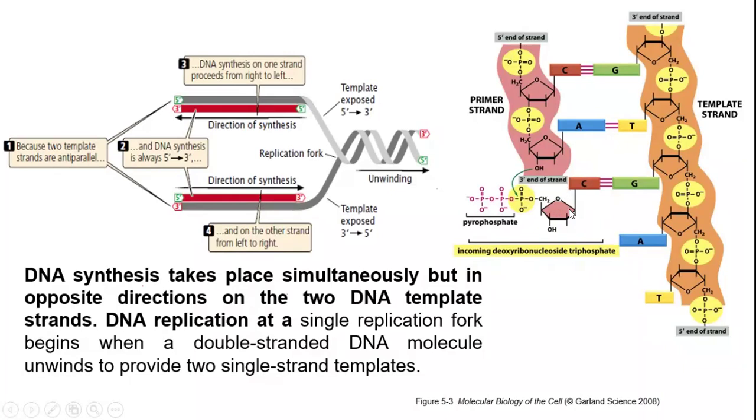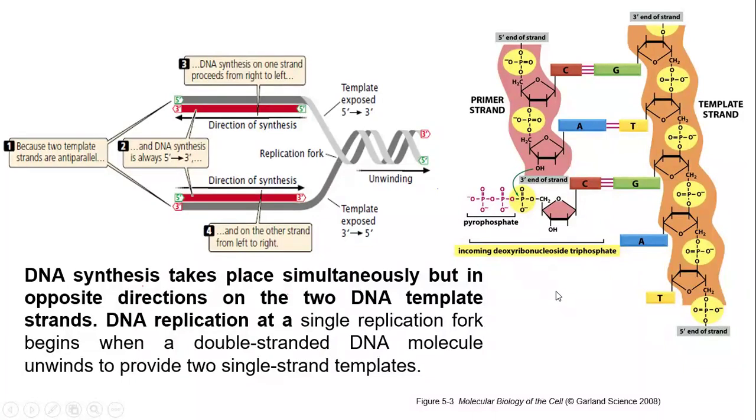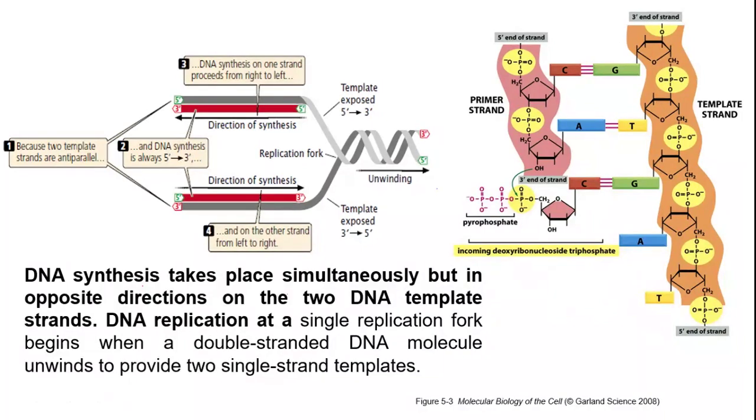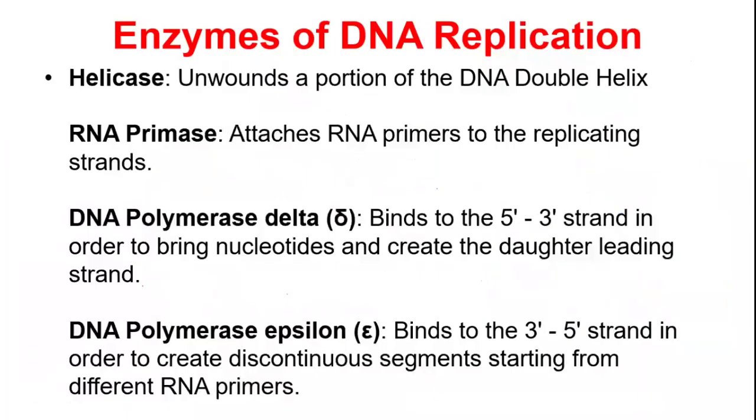So it's been attached, and then subsequently the next one that is going to come is going to be a T, because this is an A, and the next one that is going to come is going to be a guanine, an adenine, because this is a thymine. So that is how the molecule is being replicated. Like we mentioned earlier on, the enzymes will include helicases, RNA primers, DNA polymerase delta, and DNA polymerase epsilon, doing their respective work like you can see here.